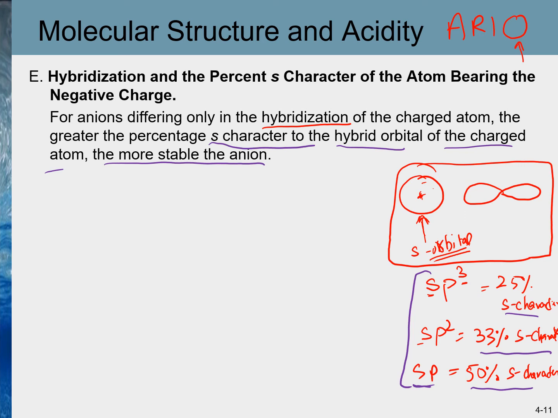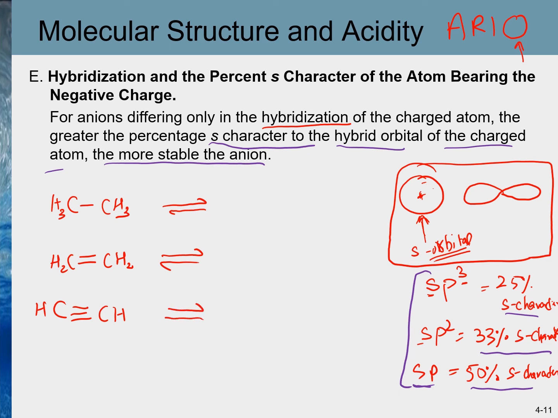Imagine we have three different organic molecules. One is a simple alkane, the other one is an alkene, and the third one is an alkyne. If they donate a proton, in alkane the resulting conjugate base anion will be this one.